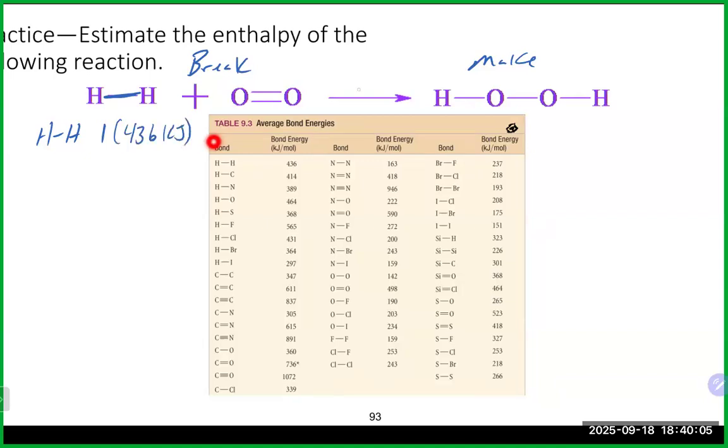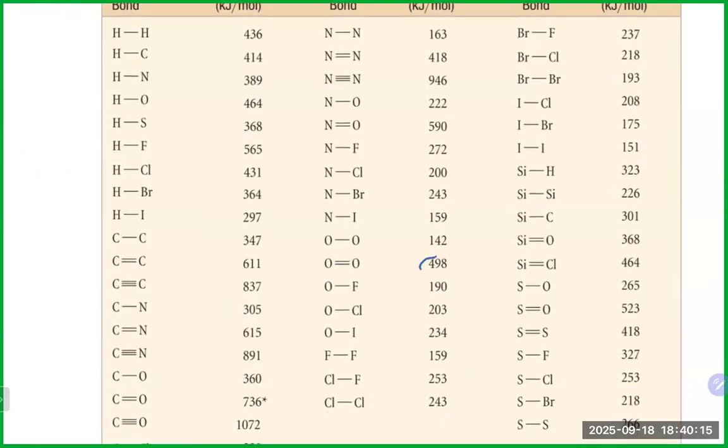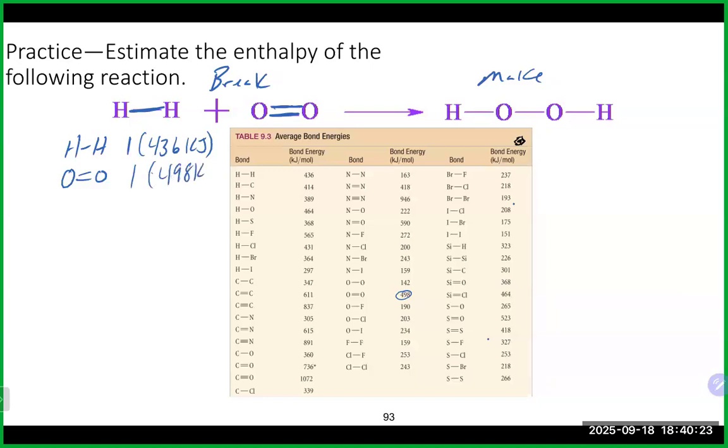We are also going to break an oxygen double bond. On the chart, right there, 498 it looks like. So 498 kilojoules. And I think that's all the breaking we have going on there.